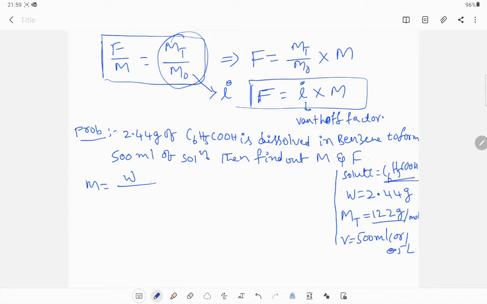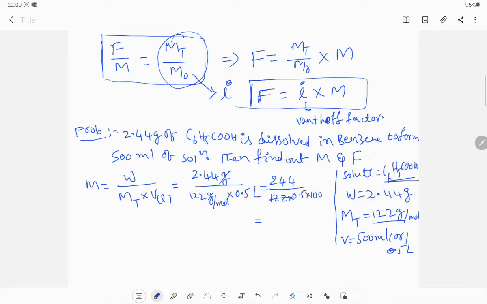Now come here, the molarity formula. Molarity is weight divided by theoretical molecular mass into volume in liters. Substitute the values: 2.44 grams divided by 122 gram per mole into 0.5 liters. Now grams cancelled. 2.44 I will write as 244, divided by 122 into 0.5 into 100.